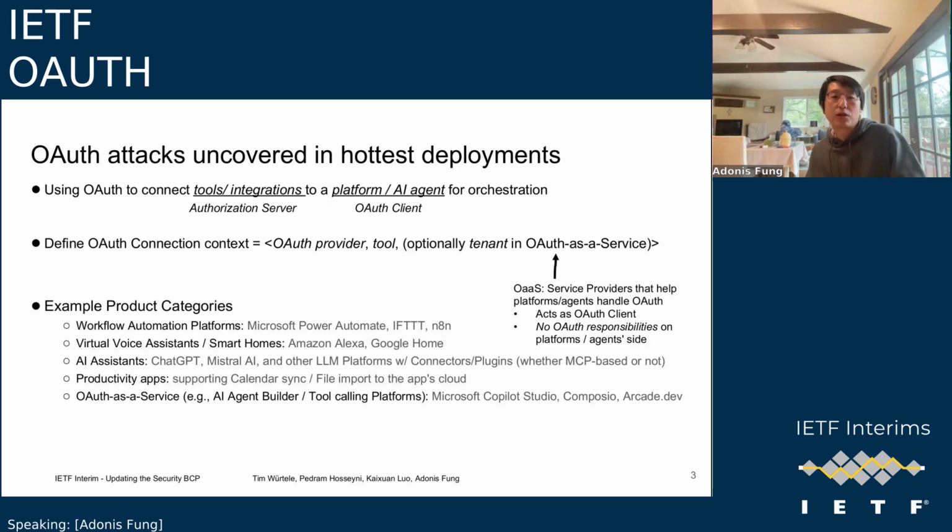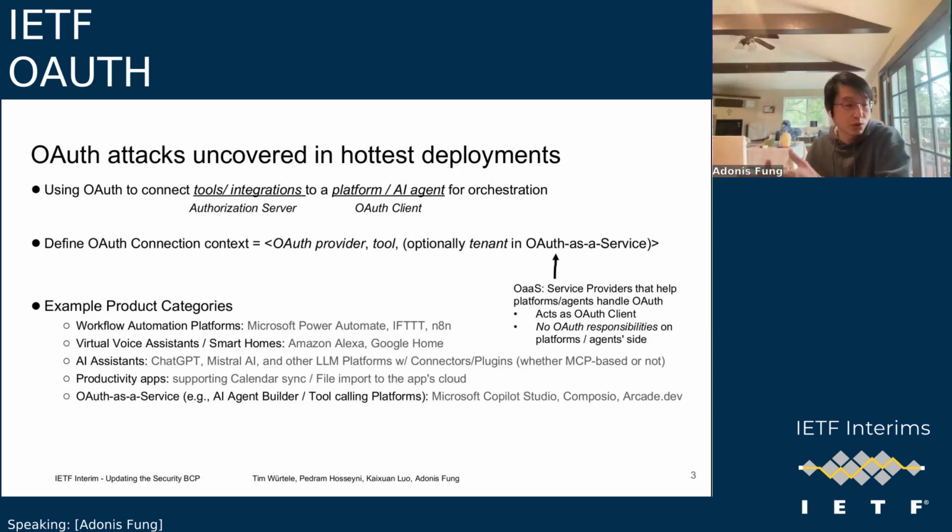And to even incorporate this latest, hottest deployment, there is OAuth as a service from the market, where we are outsourcing the OAuth client, not from the platform or the service, but to a separate entity.